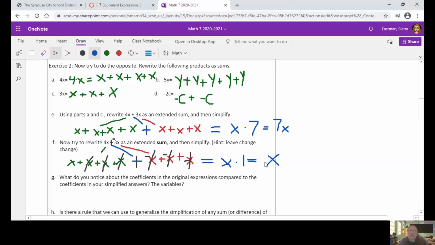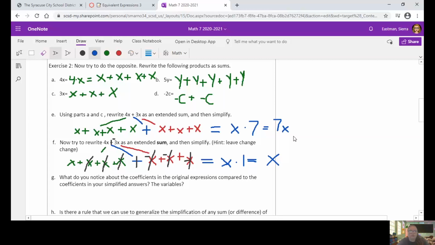Okay, perfect. So hopefully you paused the video there and you thought about that for a minute. We noticed that our coefficients from the original are actually being either added or subtracted to get the coefficient of our answer, okay? So 4x plus 3x automatically gave us a 7x.